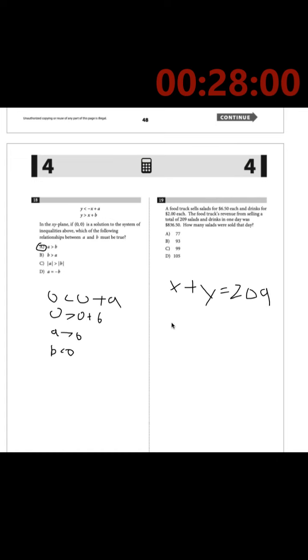And the price is $6.50 per salad, so 6.5x, plus $2 per drink, equals 836.5, which is the total amount of money made.